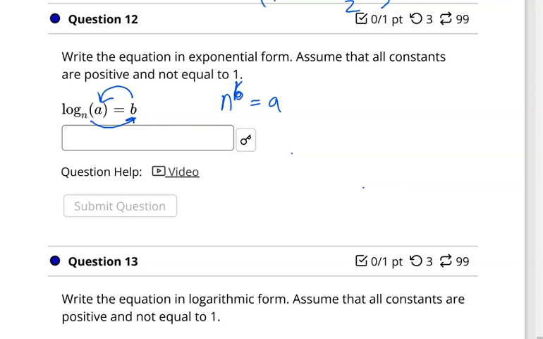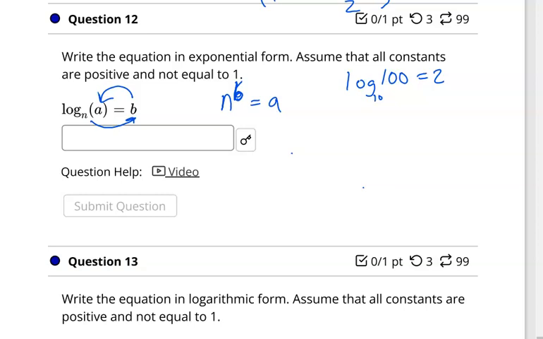Whenever you see this, one way to remember is that log of 100 equals 2. Without a number there, we know it's base 10. That means 10 to the second equals 100. That's a good formula to remember.